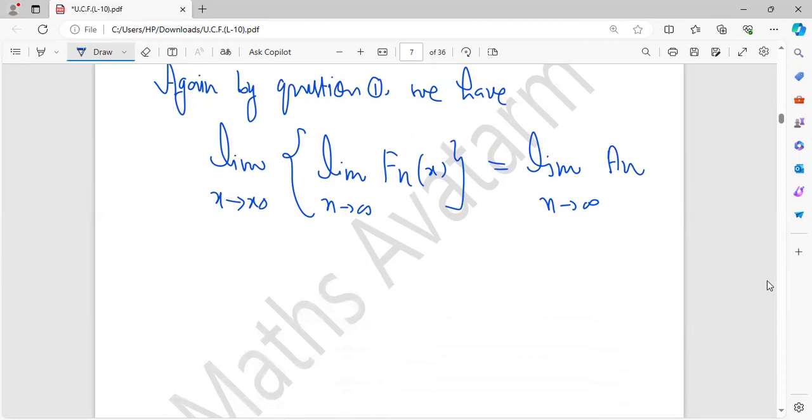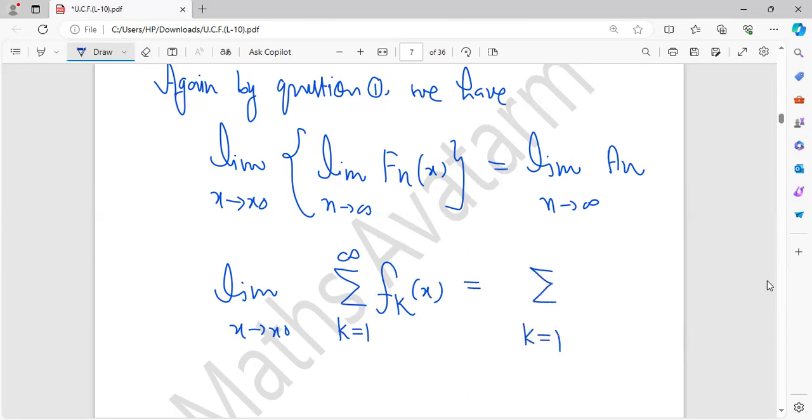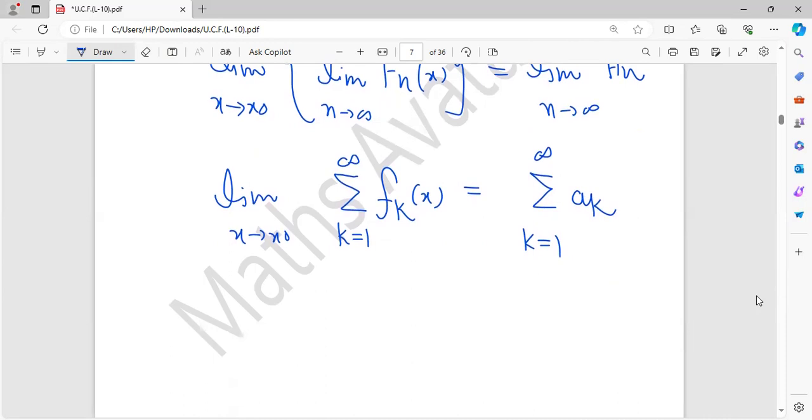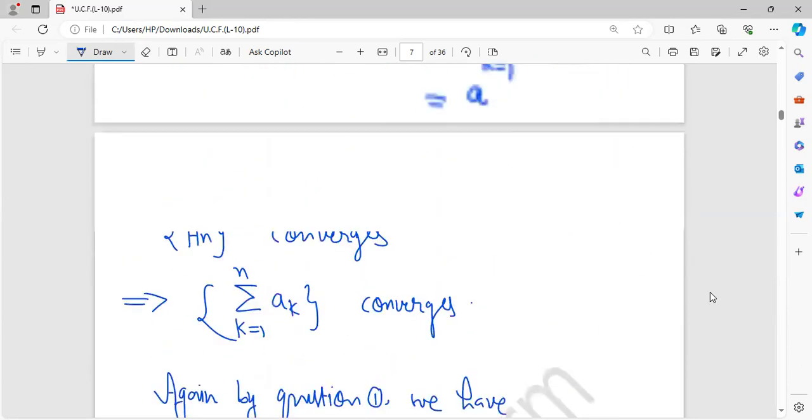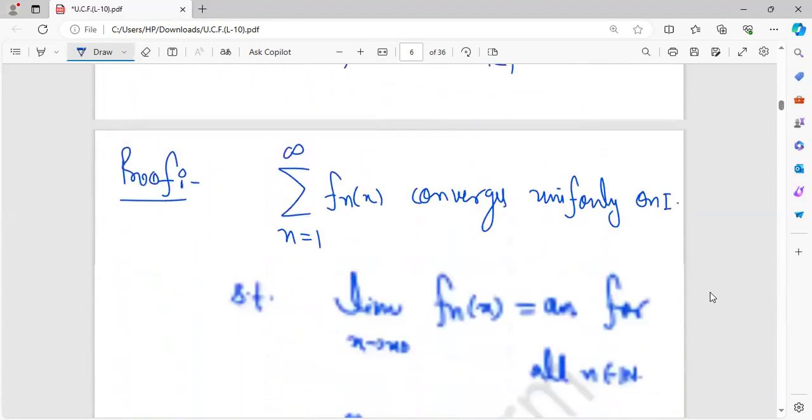So this is the limit as x tends to x naught of summation k goes from 1 to infinity of fk(x). It means the limit as x tends to x naught of summation n goes from 1 to infinity of fn(x) is equal to summation n goes from 1 to infinity of an. So the second part is also done.